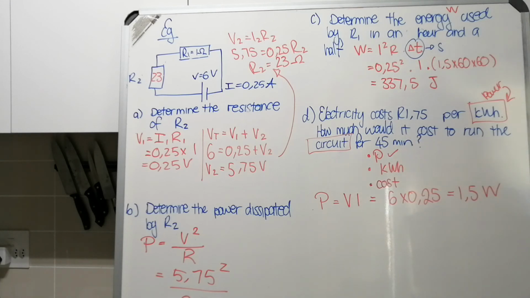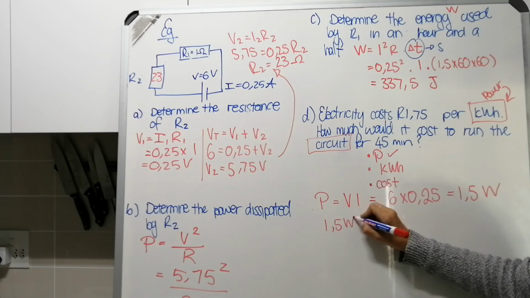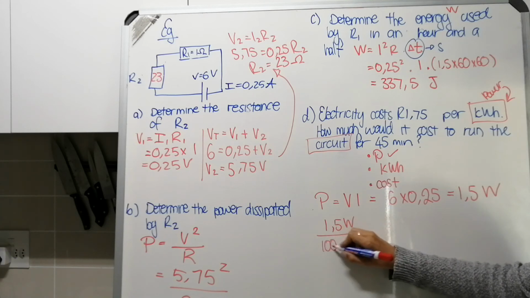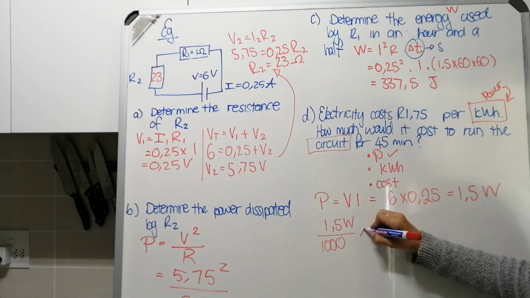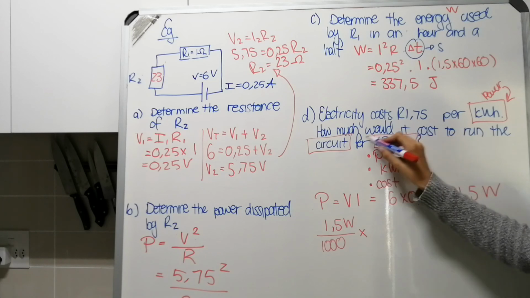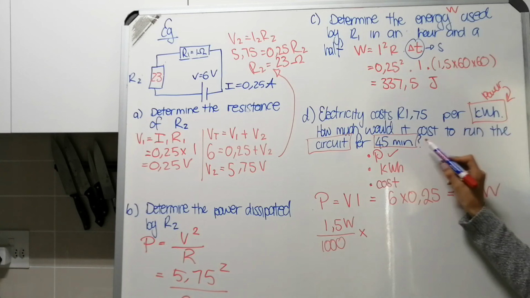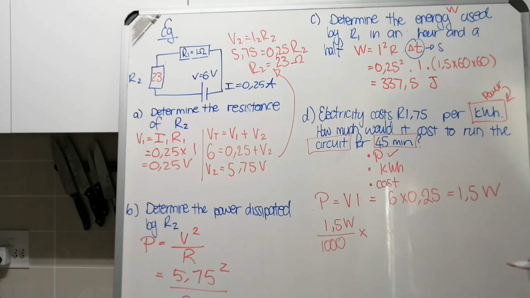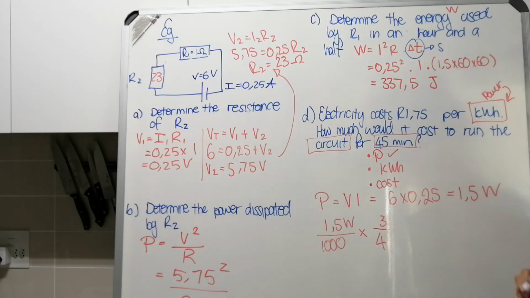Step 2, convert that to kilowatt hours. We're going to take 1.5 watts, divide it by 1,000 to get it from watts to kilowatts, and multiply it by the number of hours we are using this thing for. We're using it for 45 minutes. Remember, this is the only time we use hours instead of seconds. 45 minutes is 3/4 of an hour, so 0.75.